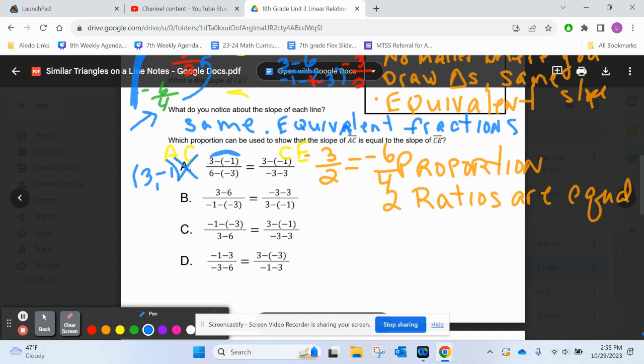Let's look at C. C, they have -1 minus -3. Well, again, the points for AC were 3, -1, and -3, 6. And so what they've done is they've put an X and Y together, but from different ordered pairs. So C is wrong.